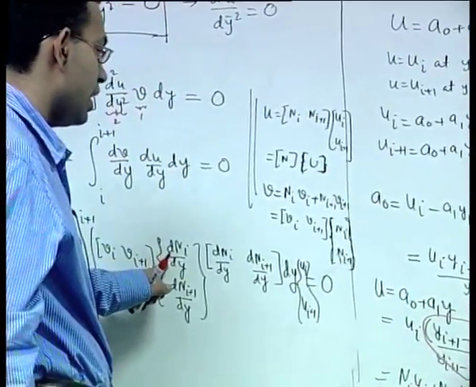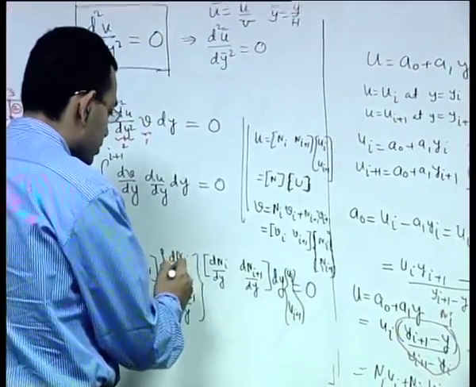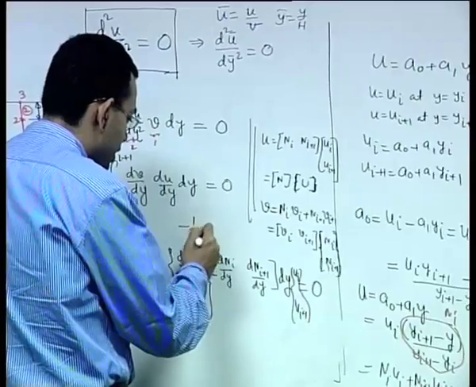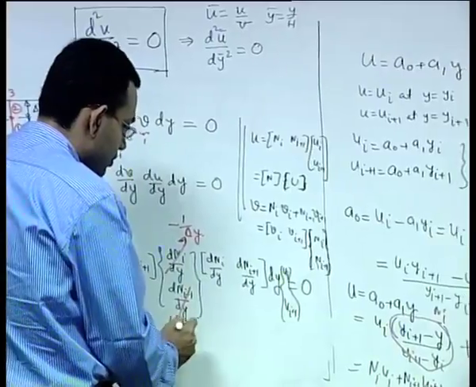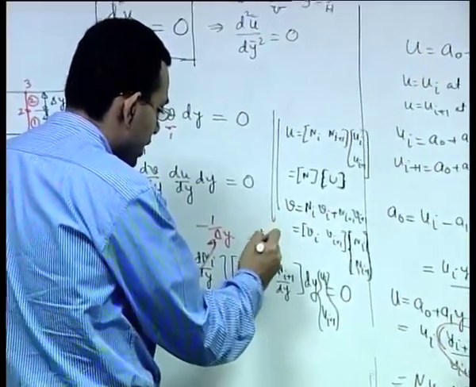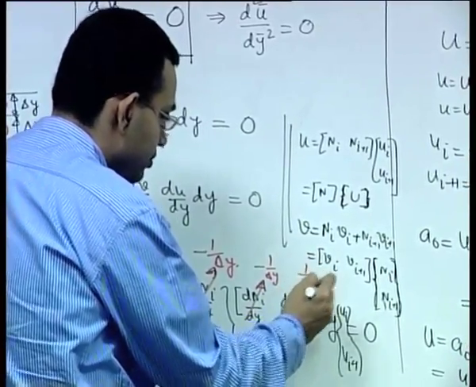So, what is dNi dy? Minus 1 by delta y. So, this is minus 1 by delta y, this is plus 1 by delta y, this is minus 1 by delta y, this is plus 1 by delta y.